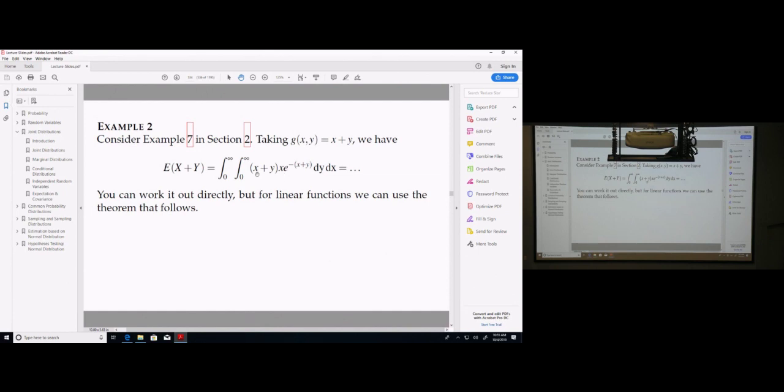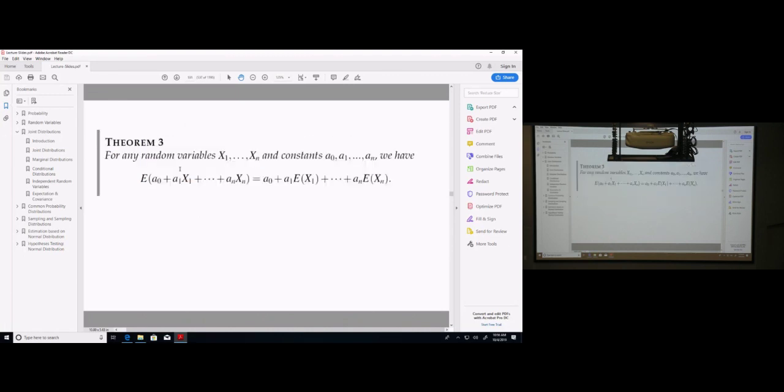So either you take it as this, or you work out the expectation of x plus the expectation of y. But bear in mind that x and y are coming from a joint distribution. Okay, let me proceed and see whether this example will work out.